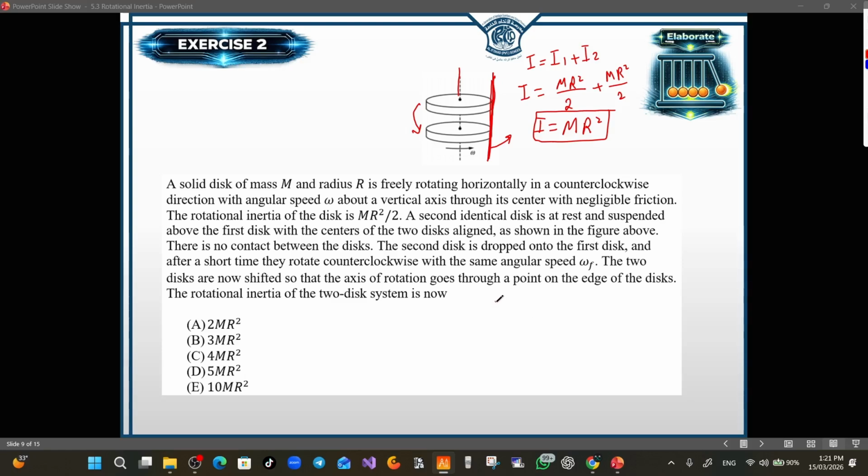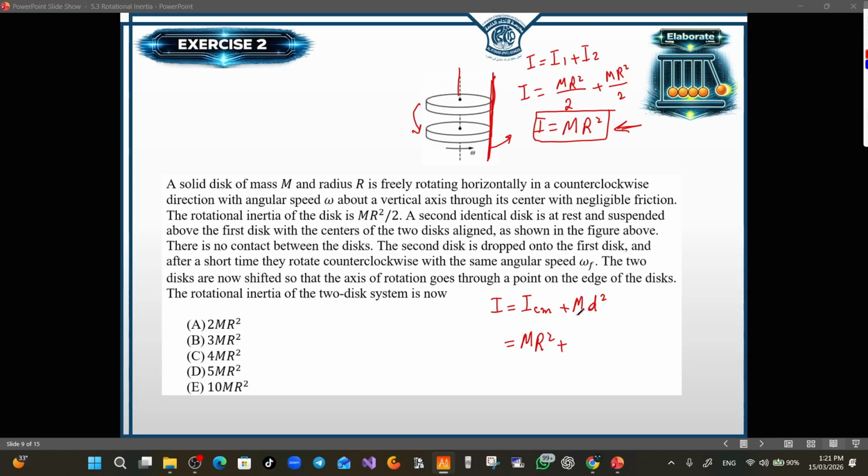So the parallel axis theorem states that the new moment of inertia is the moment of inertia I_CM plus md squared. Now where I is the moment of inertia, I_CM is the moment of inertia when the axis of rotation was passing through the center of mass. M is the total mass of the disk.